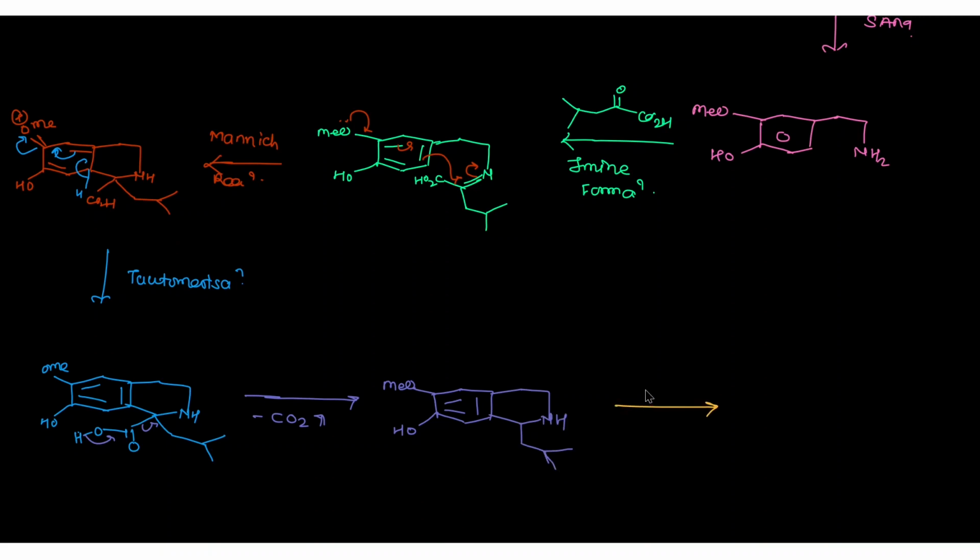In the next step, decarboxylation takes place and we get this moiety. In the next step, by using SAM, N-methylation takes place over here and we get this moiety, which is known as lophocerine.